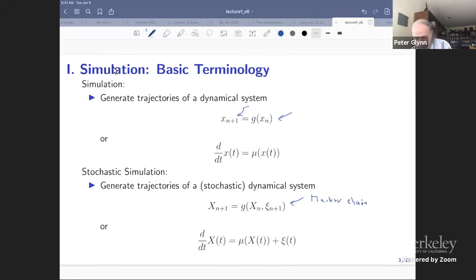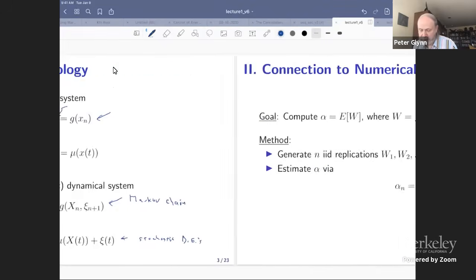That's the plain vanilla type of Markov chain that we're most familiar with. A continuous time variant would be a dynamical system in which dx/dt is equal to mu(x(t)), perturbed by some white noise or random noise process C(t). Roughly speaking, this corresponds to the world of Markov diffusions, or solutions of stochastic differential equations. That is basically a continuous time version of a Markov chain. In any case, simulation is all about simulating trajectories of dynamical systems, whether deterministic or stochastic.